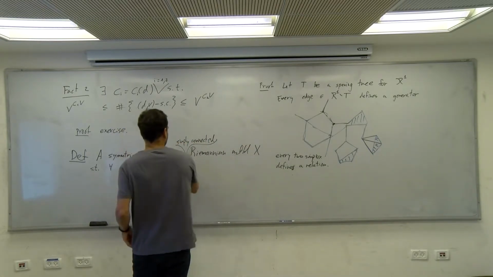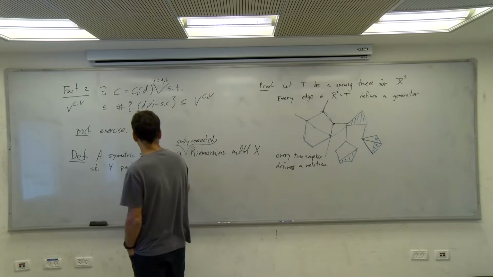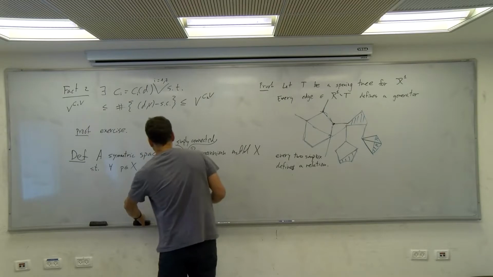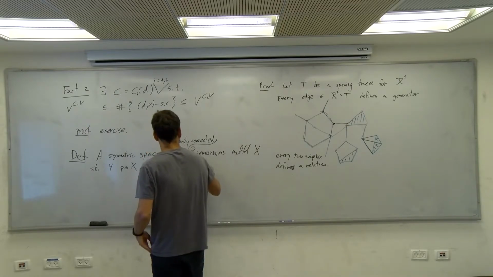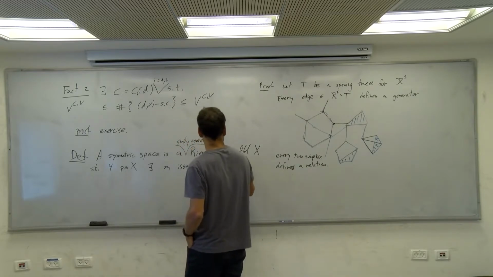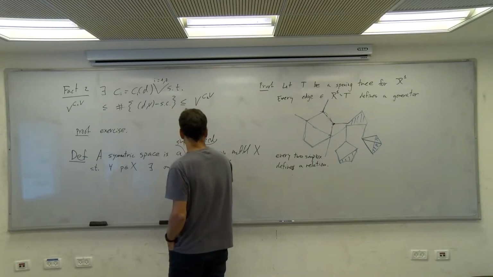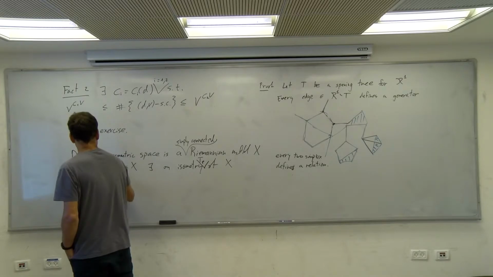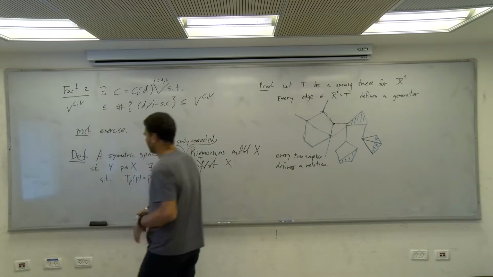But okay. A symmetric space is a Riemannian manifold such that for each P there is an isometry of X fixing P, let's call it T_P, such that T_P fixes P and reflects geodesics.